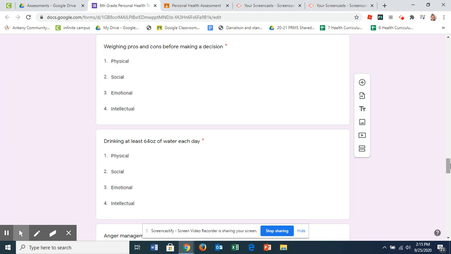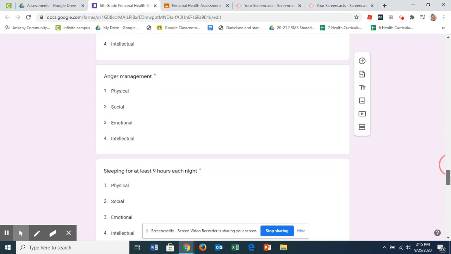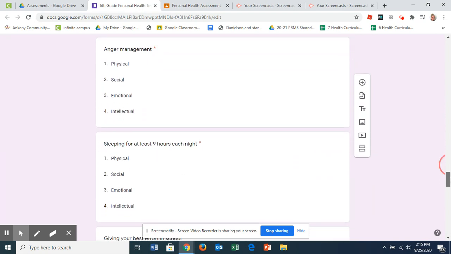Would that be physical, social, emotional, or intellectual? Next descriptor, anger management. Physical, social, emotional, or intellectual health.